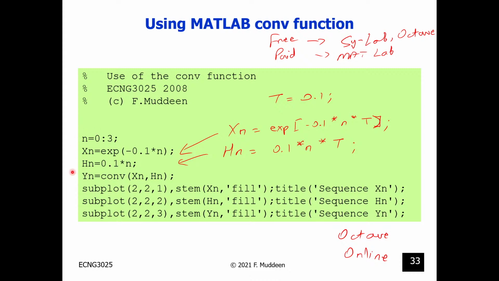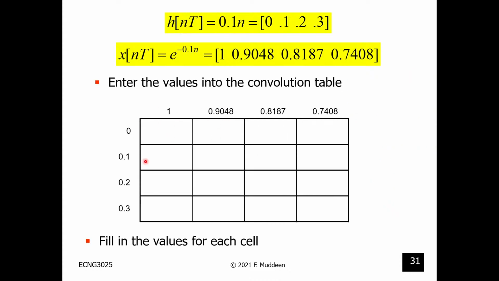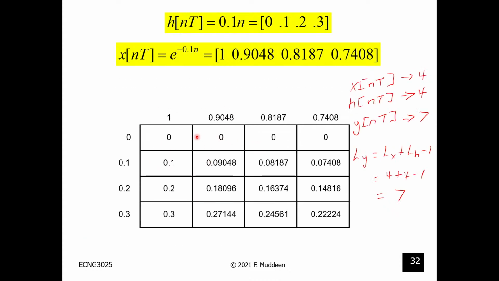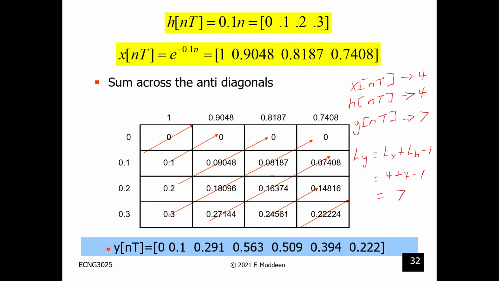So the code here gives you a nice idea of how you can evaluate if you're getting the right answer. But you still need to go back and do all of these convolution tables and so forth. You won't need to show all the manual calculations to fill out the table. You just need to show that you actually did the convolution table, filled it out, and summed across the anti-diagonals to obtain your y of n vector as the result of the convolution.